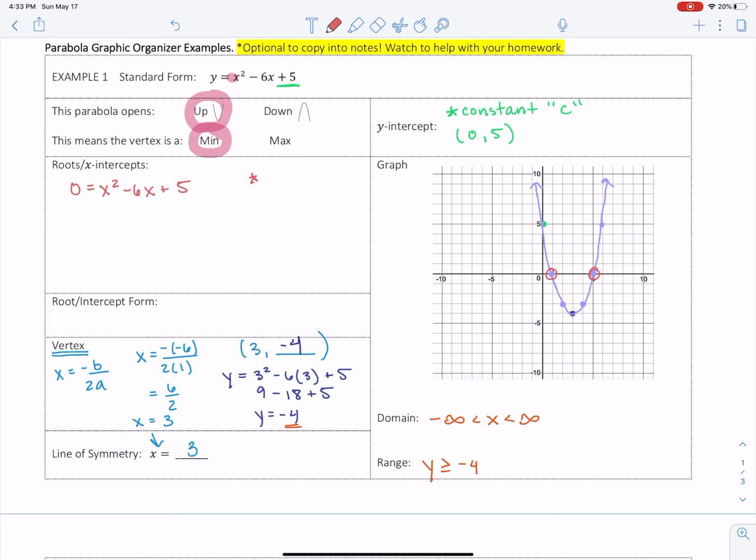I'm going to go ahead and factor this. Sometimes you might have to choose a different method to solve. So I have 0 is equal to x minus 5, x minus 1, because -5 and -1 multiply to 5 and add to -6, meaning that 0 is equal to x minus 5, 0 is equal to x minus 1.